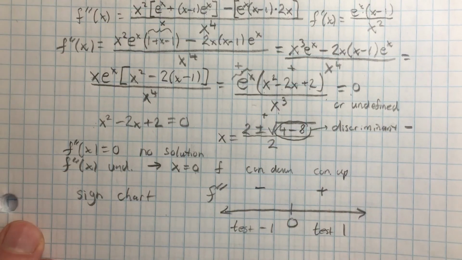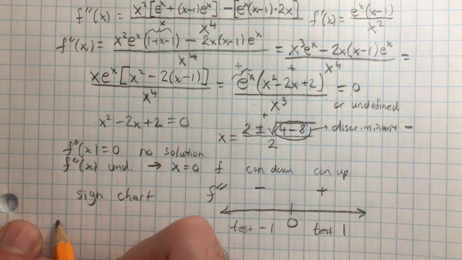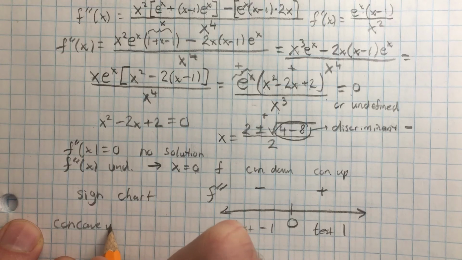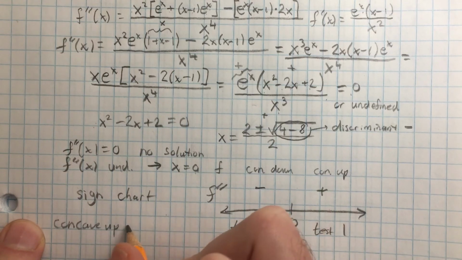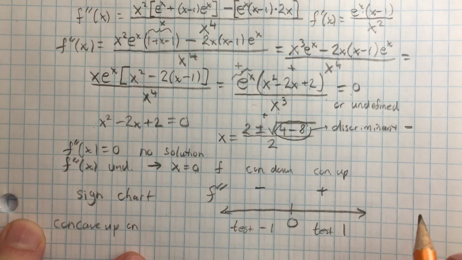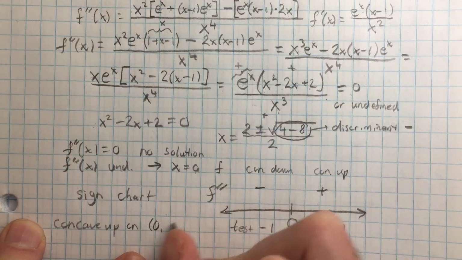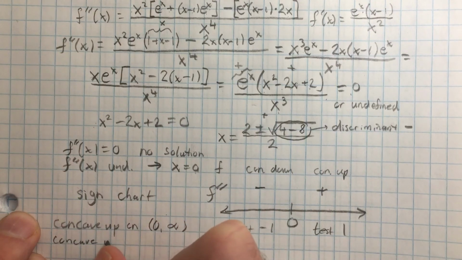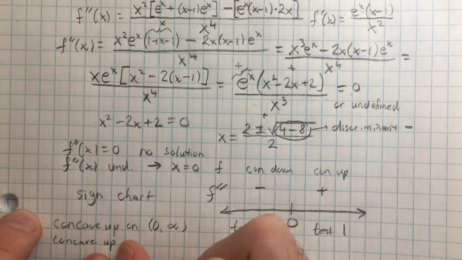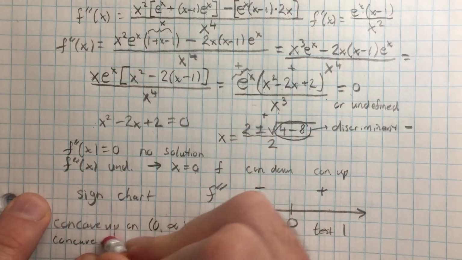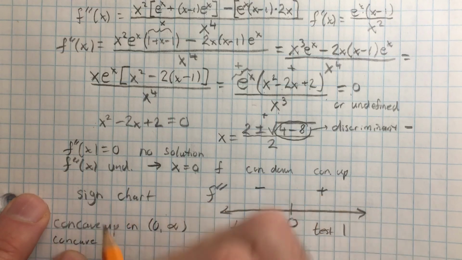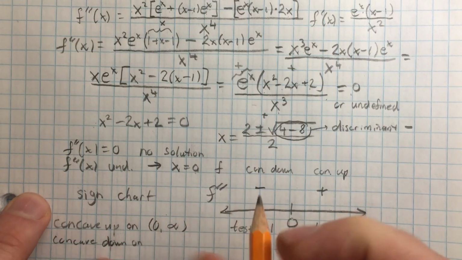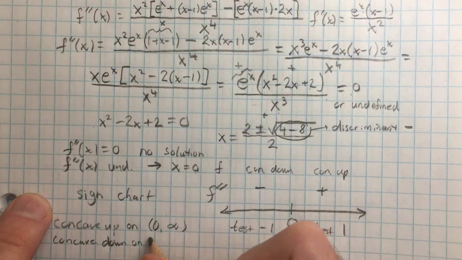So now we know about the concavity. It is concave up on 0 to infinity. It is concave down everywhere else except 0, on negative infinity to 0.